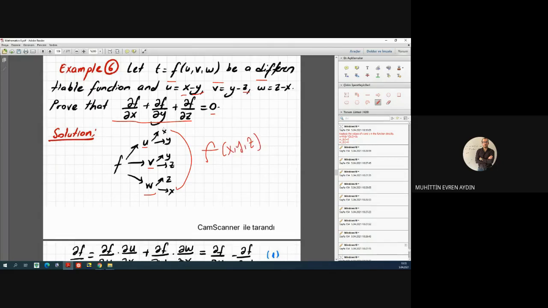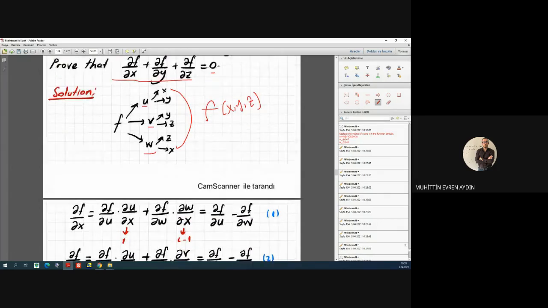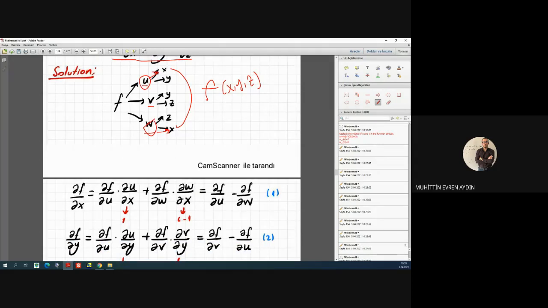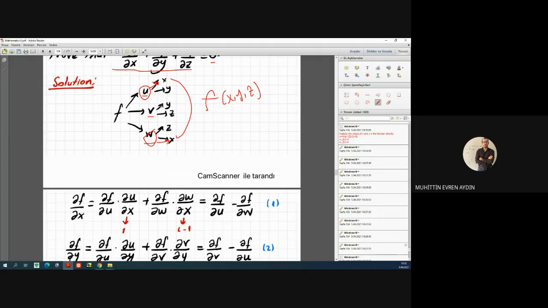In order to take the derivative with respect to x, you have to include the variable u, because u depends on x, and you have to include the variable w because it includes the variable x. So it is not necessary to include the variable v in your calculations.